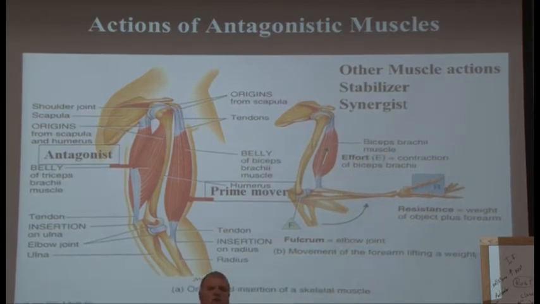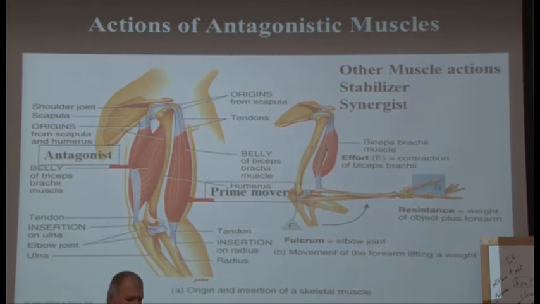Okay. So anytime you're looking at a movement, and the movement would be flexion like this, then the muscle that is initially responsible is the prime mover. The muscle that aids it is a synergist. And they both have the action of flexion.